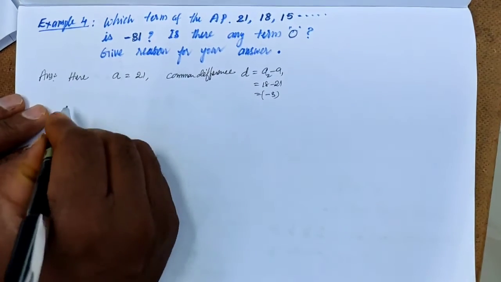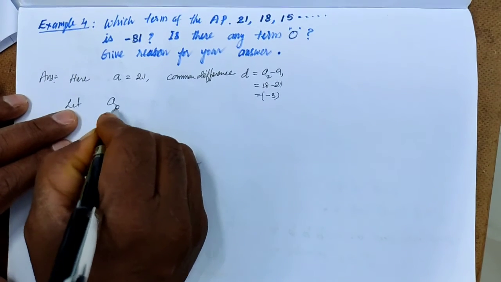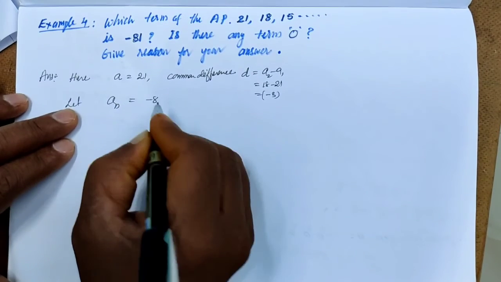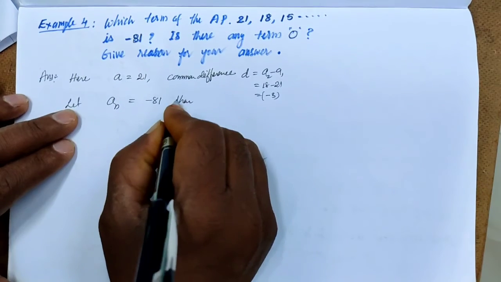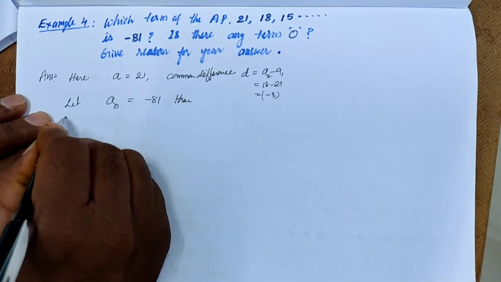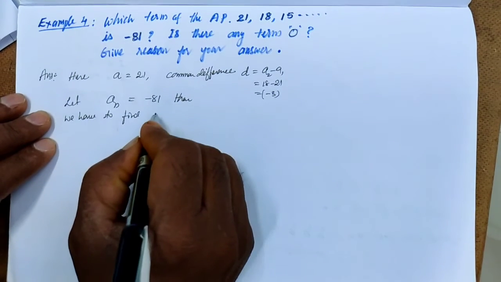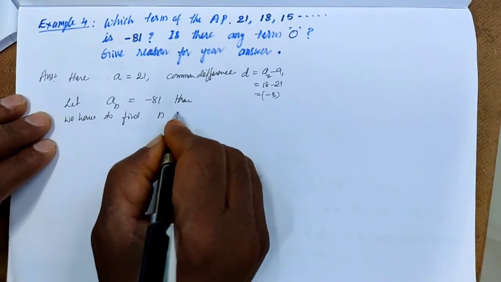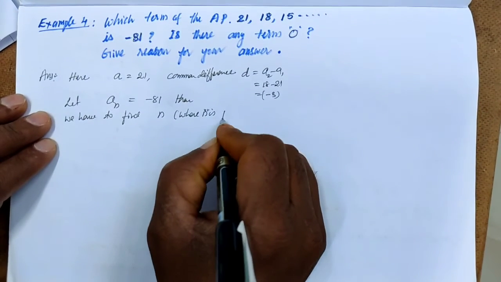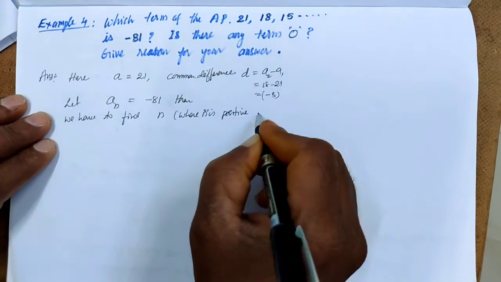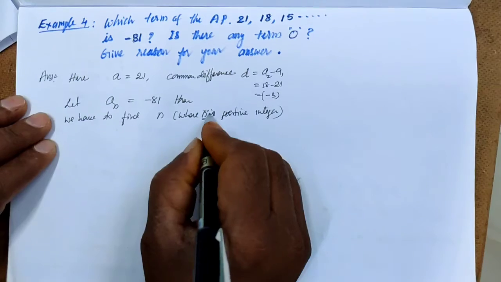So let the nth term be minus 81, then we have to find n, where n is a positive integer.